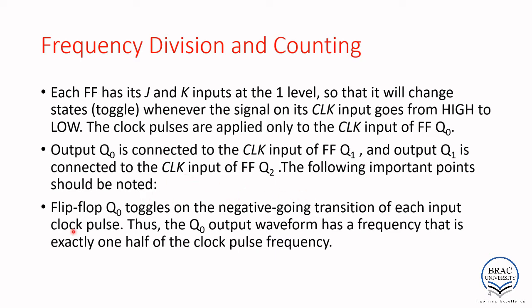To remember a couple of things, the flip-flop Q0 toggles on the negative transition of the input clock. Thus, the Q0 output waveform has a frequency that is exactly 1/2 of the clock pulse frequency. So after the first flip-flop it will be half, second flip-flop 1/4, third flip-flop 1/8, fourth flip-flop 1/16, right?